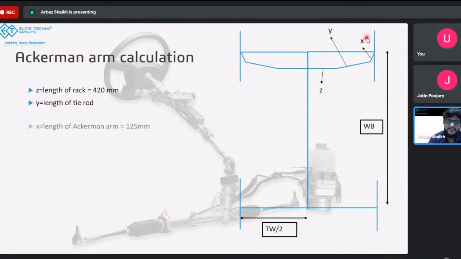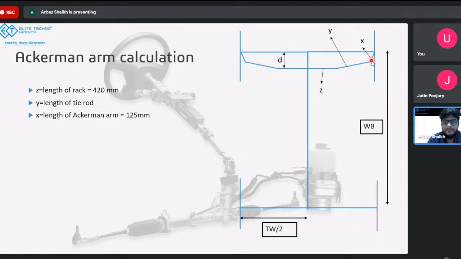Now we have assumed X to be 125 mm. Why did we assume 125 mm? Because it is preferable to have the length of the Ackerman arm in such a way that it does not cross the distance D. If I move forward a little bit, this is the distance D, which is basically the distance between your rack and the front axis.